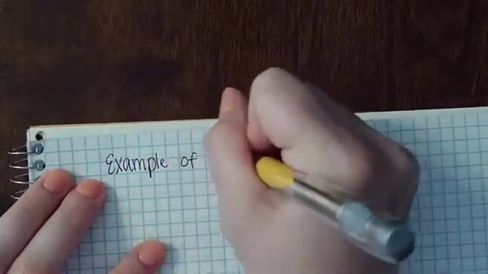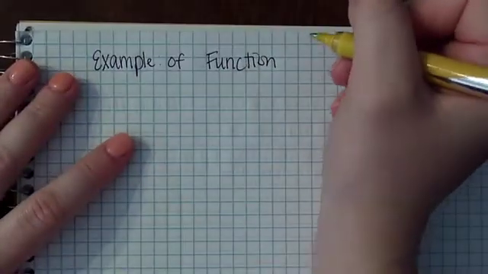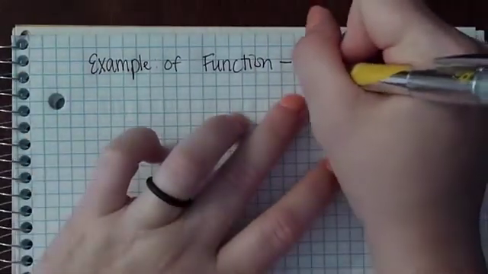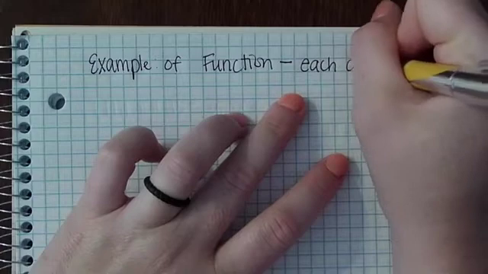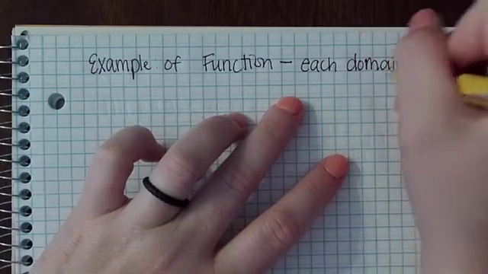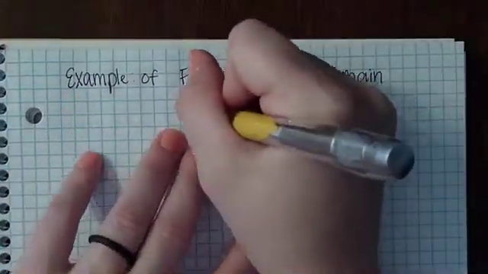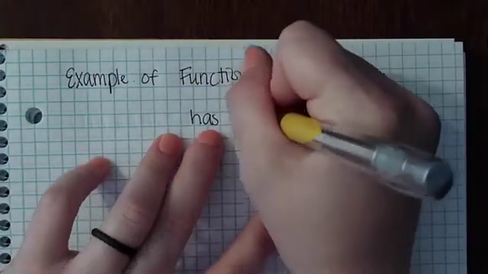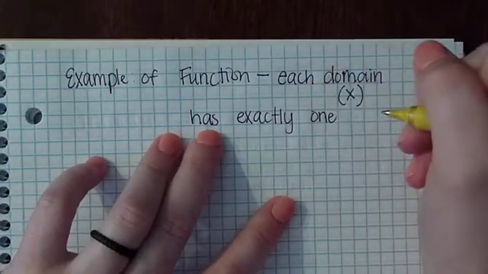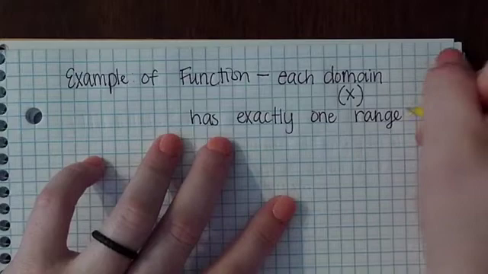Okay, so what we're going to look at now is an example of a function. A function is when each domain, of course we just said that's X, has exactly one range value.